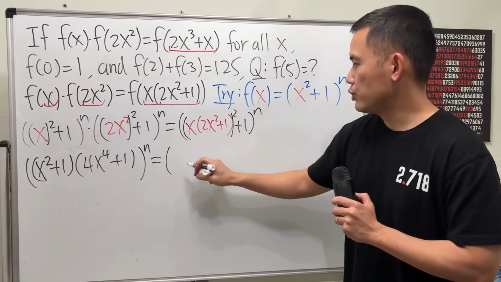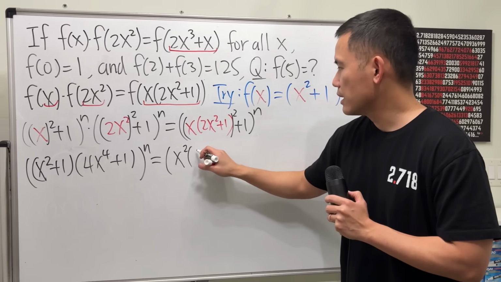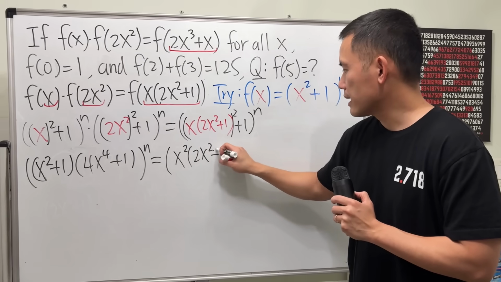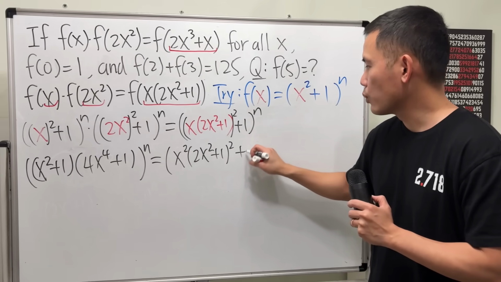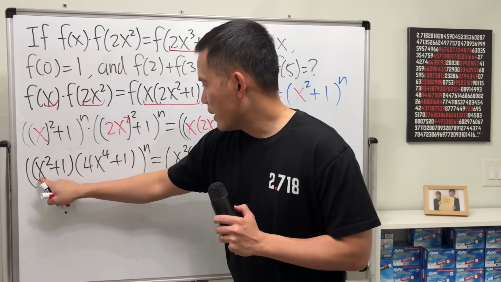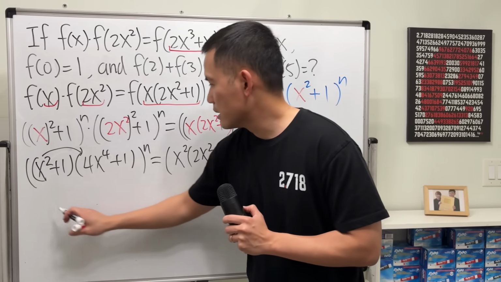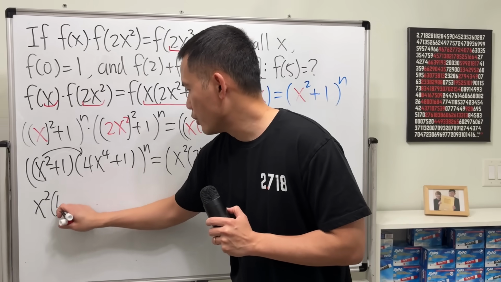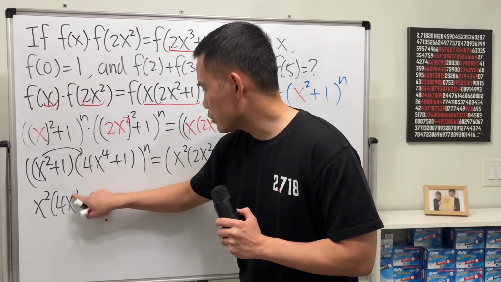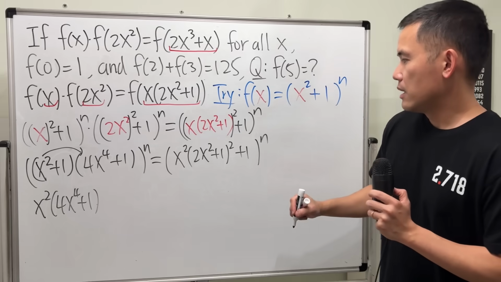And right here, I will distribute the power. So it's x squared times this thing, which is 2x squared plus 1, and then squared, and then plus 1 to the nth power. And let's see, if I take x squared times this whole parentheses, I get x squared times 4x to the 4th power plus 1. Okay.